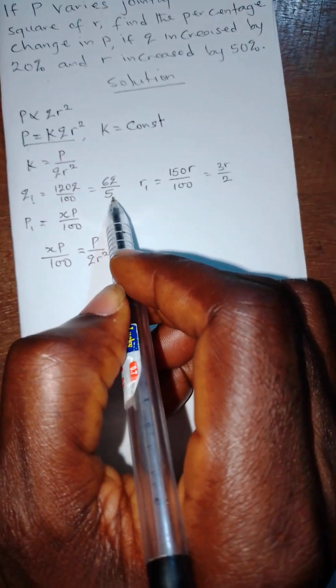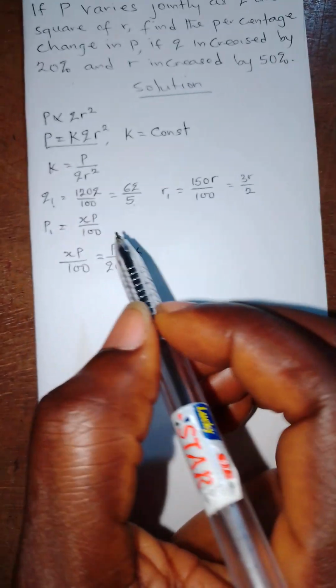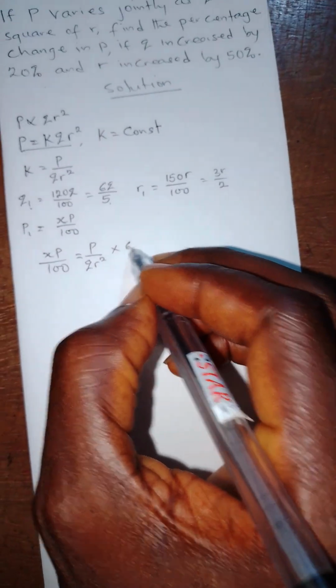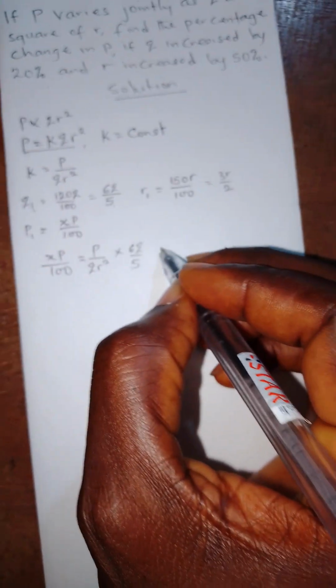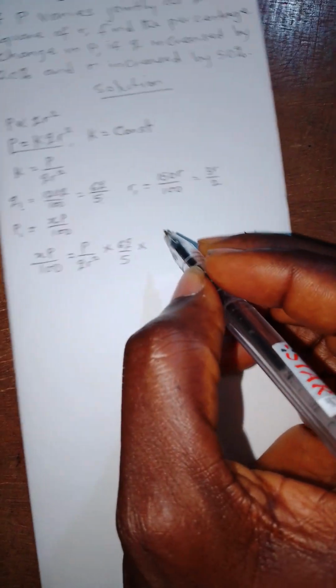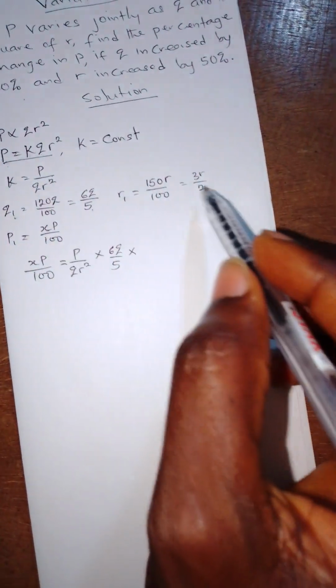It has been simplified to 6Q over 5. So that's 6Q over 5 times now R square.